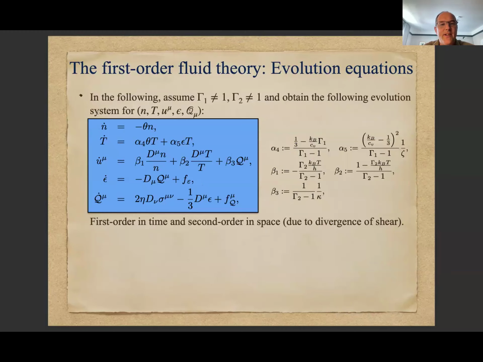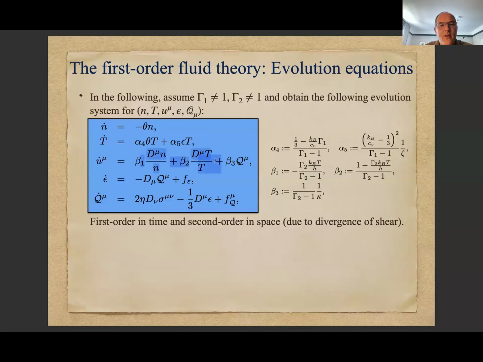So this is the system of equations you get. The first one is just a continuity equation. Then this is the evolution equation for the temperature, and alpha 4 and alpha 5 are now coefficients which depend on gamma 1. This is the equation for the acceleration, I mean for u.